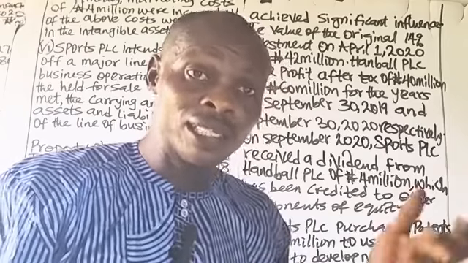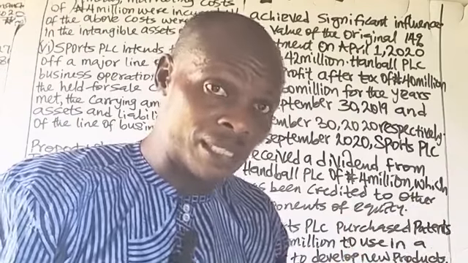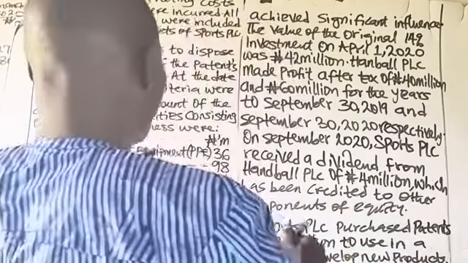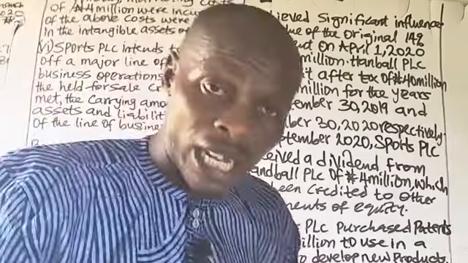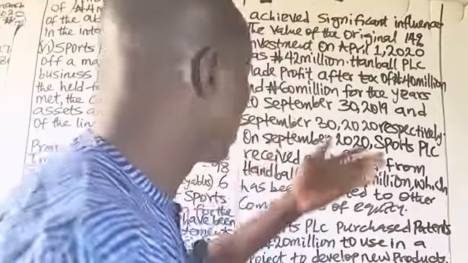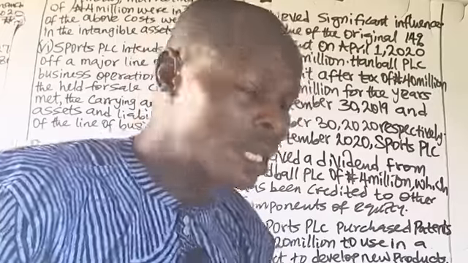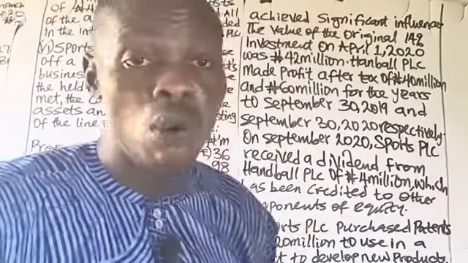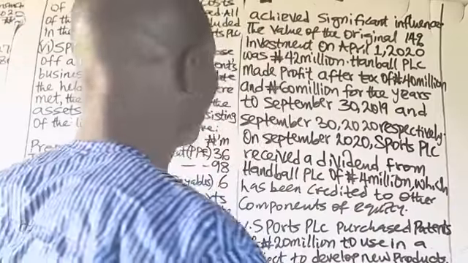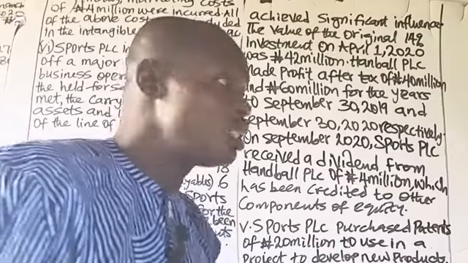The 30% is 14% plus 16%. So when the holding increased to 30%, that 30% is sufficient to give significant influence over the entity. So significant influence has now been achieved, and we will measure that in accordance with IAS 28, investment in associates and joint ventures.